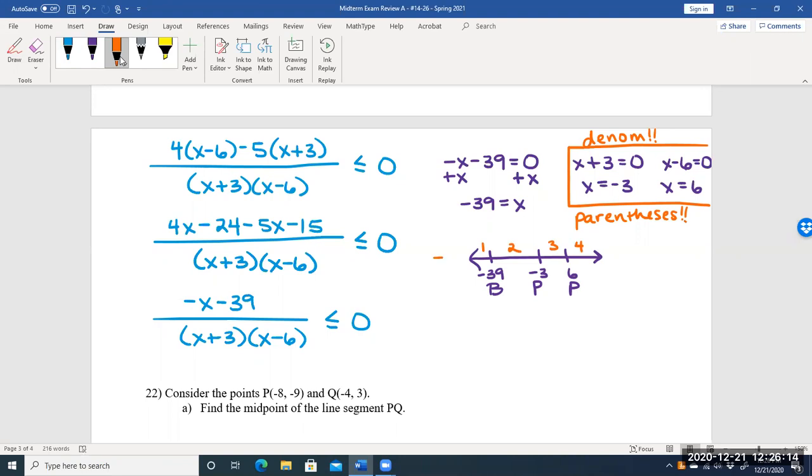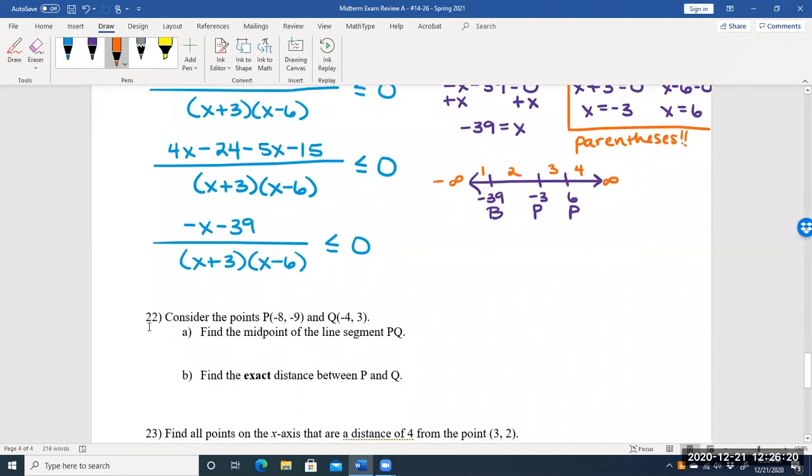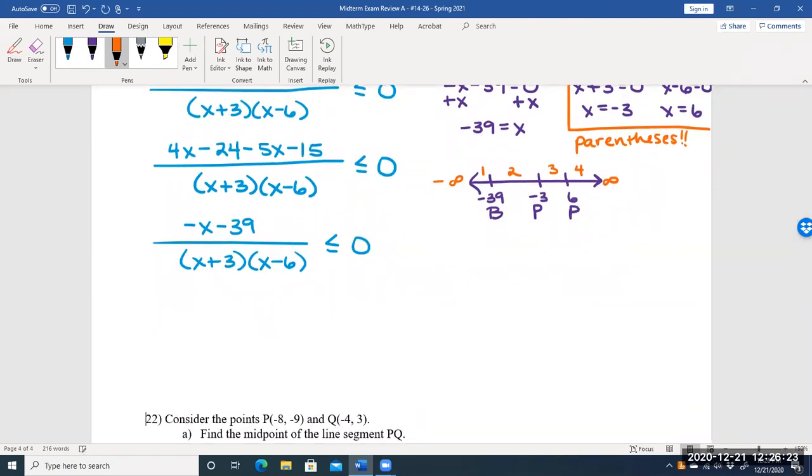All right, so we have 4 intervals. B stands for brackets, P stands for parentheses. So I've got to be careful when I make my sign chart here. My first interval is from -infinity to -39, bracket there. Second interval is -39 to -3.